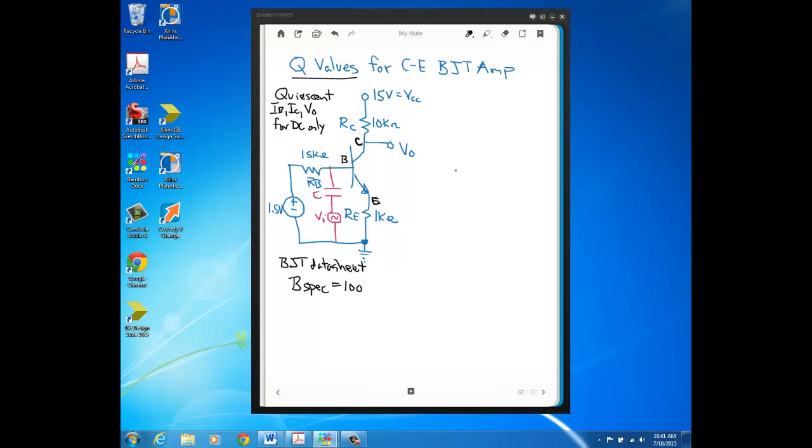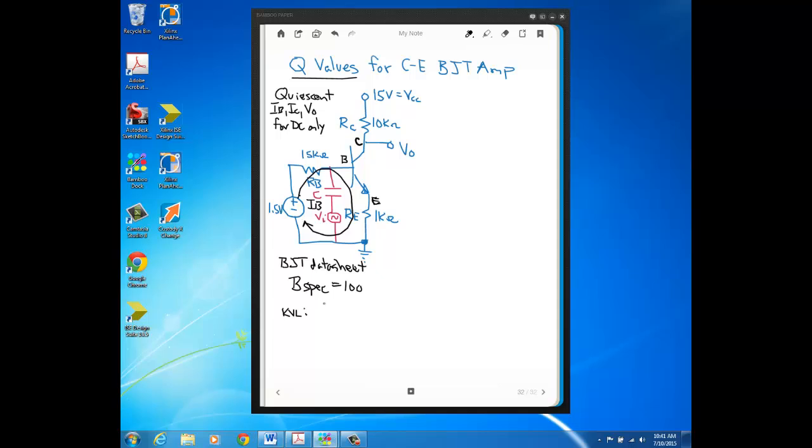Alright, so first we're going to calculate what the base current is. Base current is traveling in this path here. That's our IB. To find the base current, we're just going to do a KVL equation. So come down here, KVL.